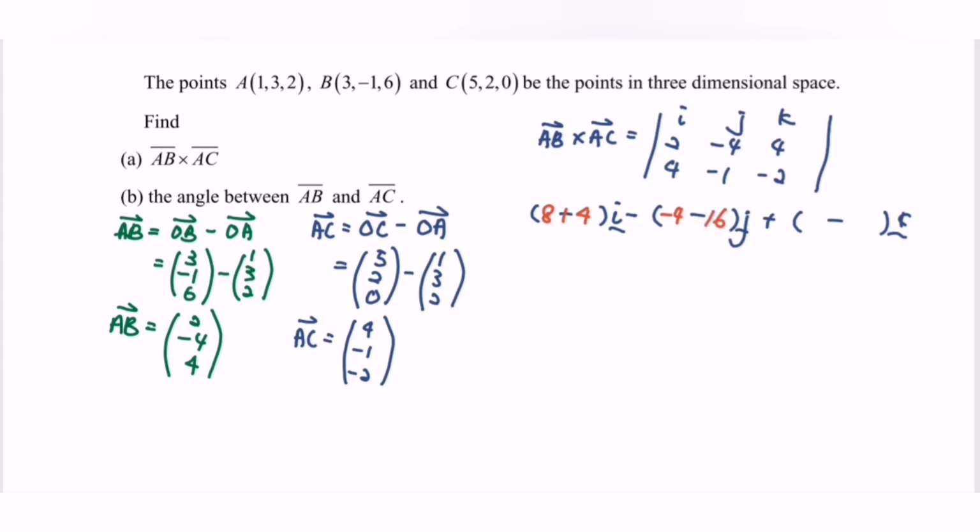Next, close up the k, and we have negative 2 plus 16. So AB cross AC equals 12i plus 20j plus 14k, where we have the direction or the normal for the question.